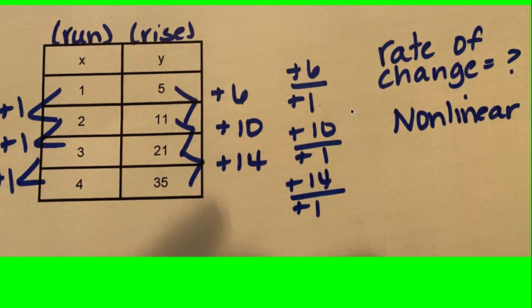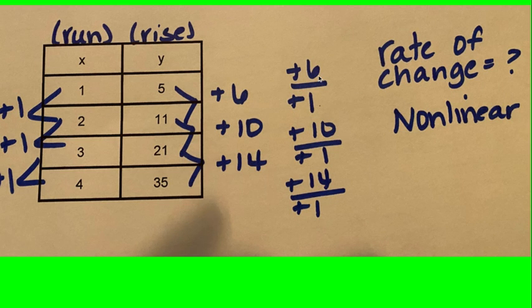Take these and write them as your rise over run. So between the first two ordered pairs here, 1, 5, and 2, 11, I increase by 6 over increasing by 1. And then from 2, 11 to 3, 21, I increase by 10 over increasing by 1. And the last two, 3, 21 and 4, 35, I increase by 14 and increase by 1.